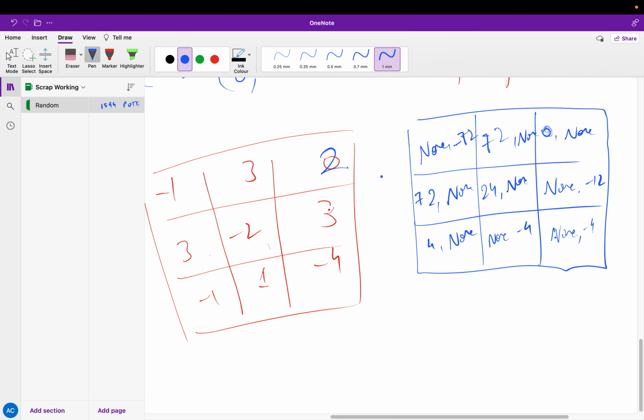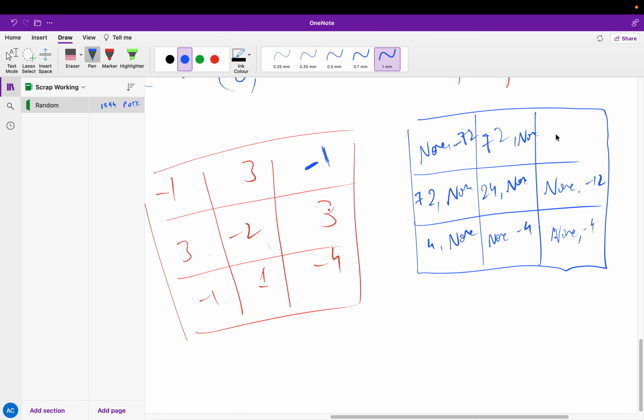Then this would be like none, or like a -2, let's say. So this would be like 24 over here. Oh, no, not -2. -1, we'll say -1. Let's say this is -1.